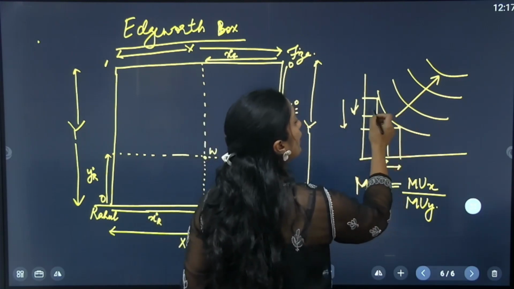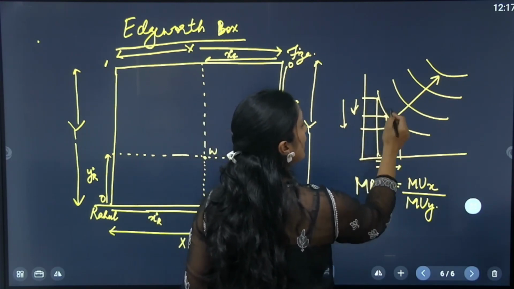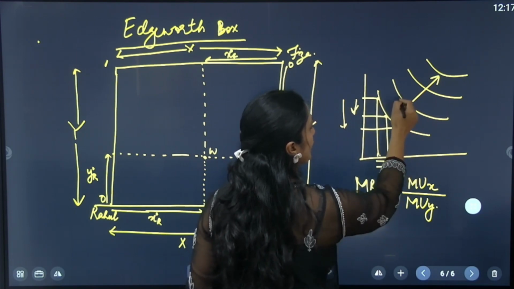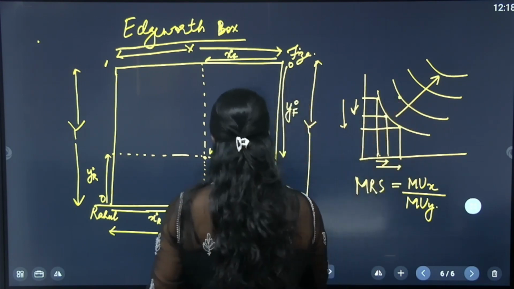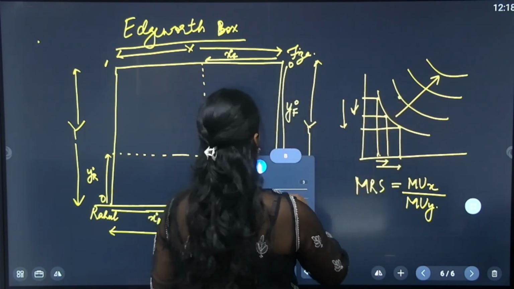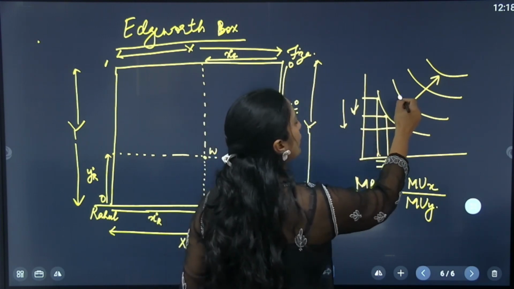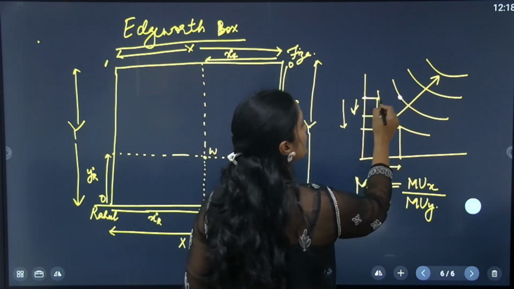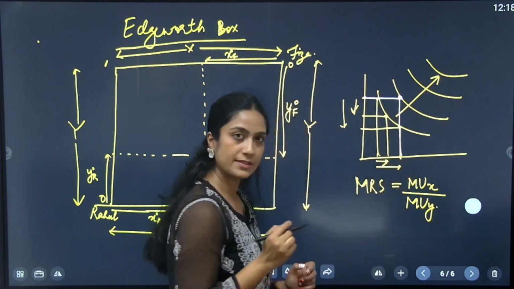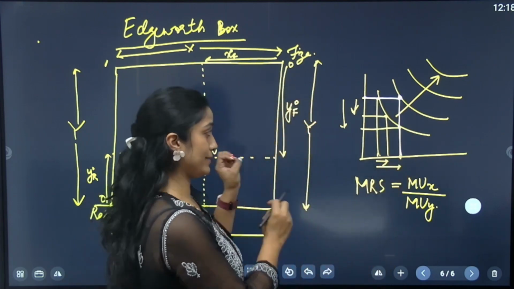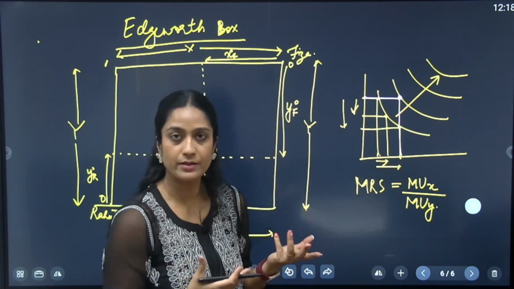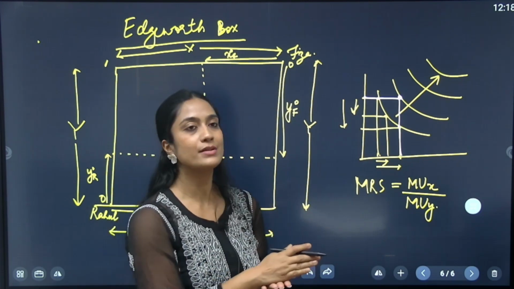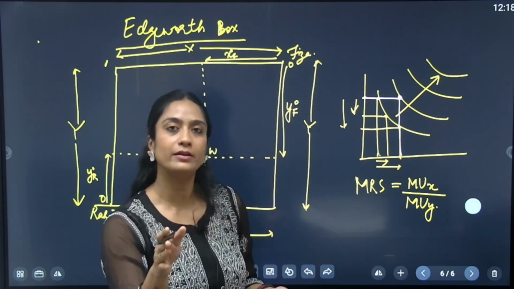Suppose you take a point something like this. At a point like this, you have a higher quantity of x, but maybe the same quantity of y. Since we know that x and y are goods, more quantity means more utility, even though at a diminishing rate.